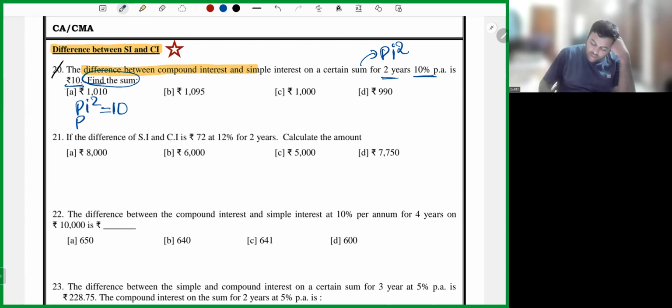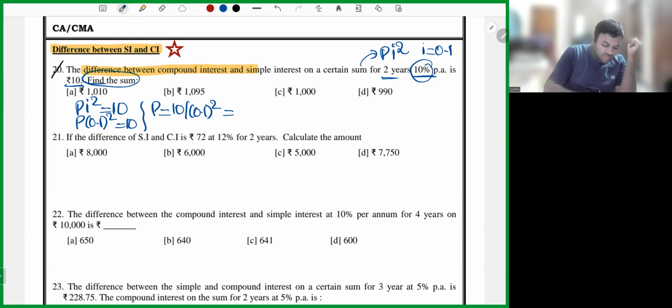So P into, R is 10%, my dear friends, so I will be 0.1. So P into 0.1 whole square is equal to 10. Cross multiply: P is equal to 10 divided by 0.1 whole square, which is 1000.